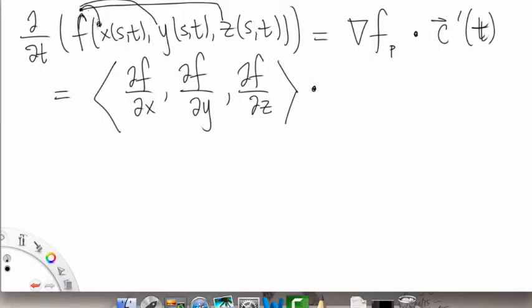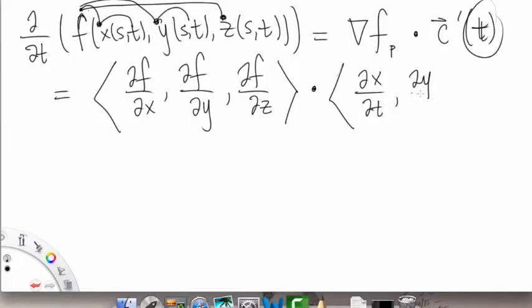Now that we're at the x, y, and z respectively, we have to get to our final variable, which is the t. So now we're going to jump from x to t. That means we take the partial of x with respect to t, then the partial of y with respect to t, partial y, partial t, and lastly partial z, partial t.